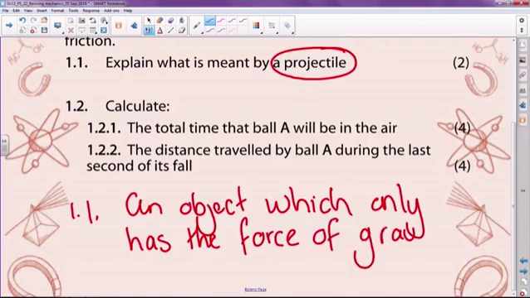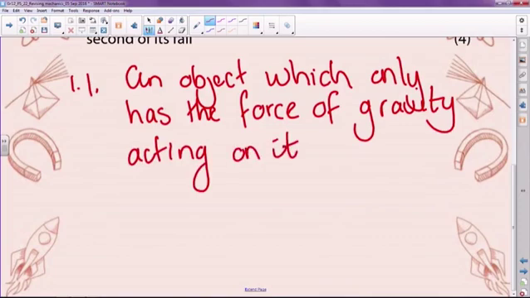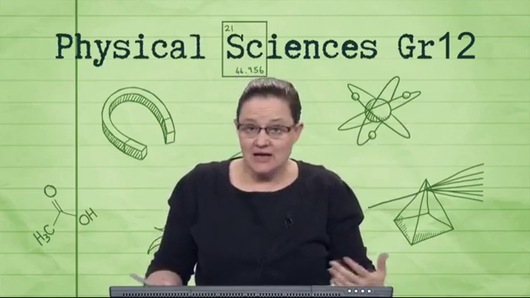That's really important that we get this. Please be careful here, because when we hear the word projectile, we tend to think of things that have been thrown or projected. It's not what we're talking about here. It can be dropped, it can be anything. As long as it's free falling, it's called a projectile, okay?